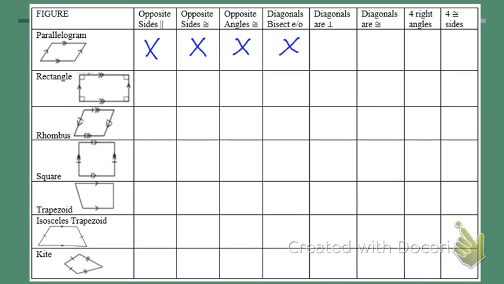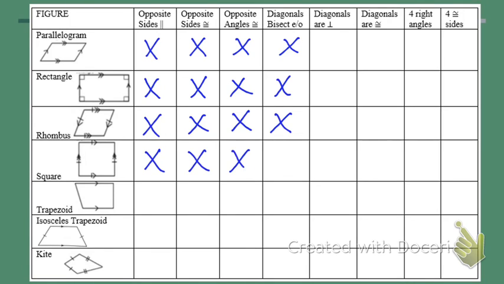So the rectangles are opposite sides parallel, congruent, opposite angles, diagonals bisect each other, yes. Then a rhombus is a parallelogram, but all the sides are the same. Yep, all that's true. Then a square is a rectangle, but it has all sides congruent.